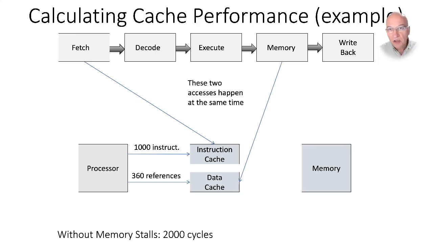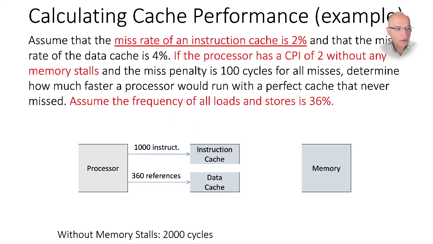Therefore, if I don't have memory stalls, I have 2,000 cycles for the execution of the code. And I know that the miss rate of the instruction cache is 2%. So of the 1,000 instructions that come into the instruction cache, 20 of them will have to access memory.